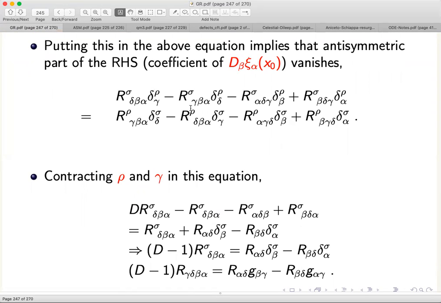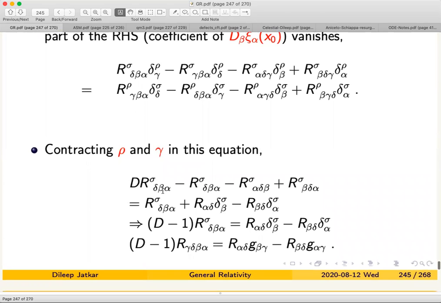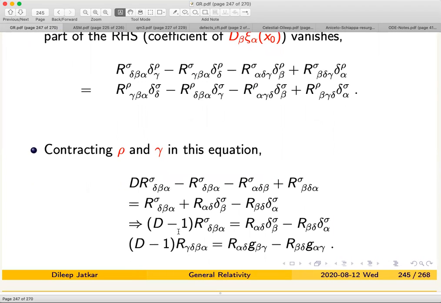Here, if you contract gamma and rho, you replace gamma by delta, and similarly gamma will be replaced by beta here, and so on. You do those replacements by setting gamma equal to rho everywhere, and then use the delta function. That gives you this equation, which can be massaged and simplified.